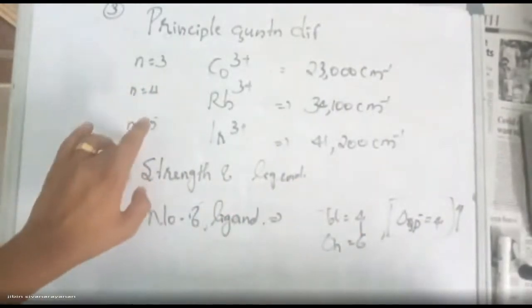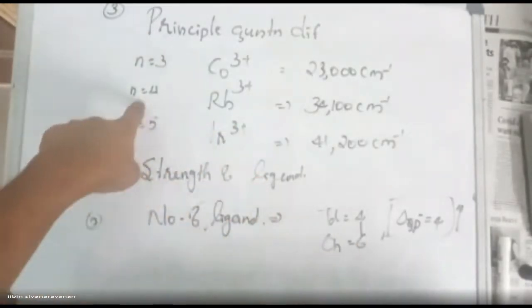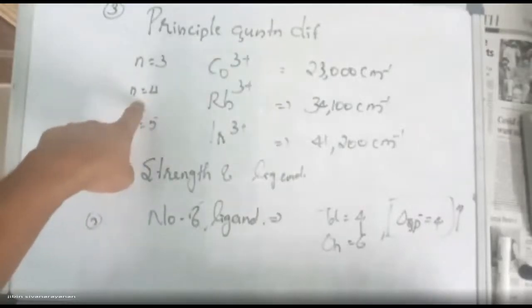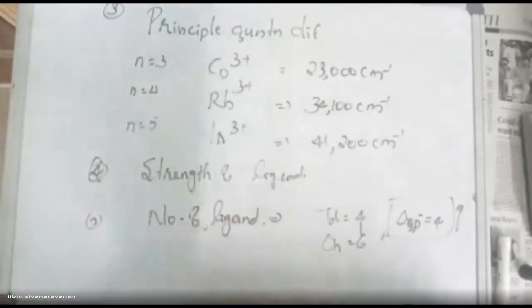But when it comes to the fourth shell, one more orbital is possible, that is the f orbital, right? So even if there is no electron, an f orbital is there for the fourth and fifth transition series. So the ligand has to bury into that 4d by going through that 4f orbital. To approach that 4d, it has to overcome by passing through the 4f orbital.